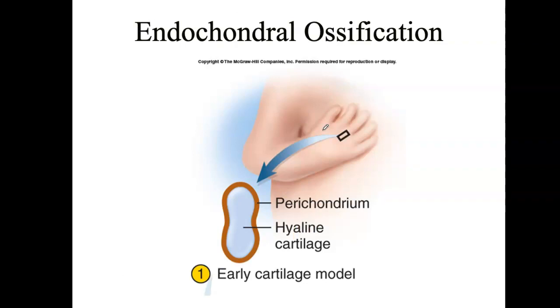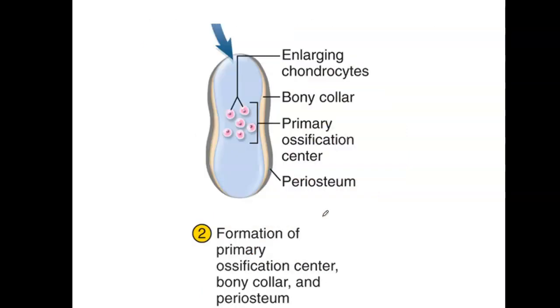If you could do that and break it down into stages, what you'd first see is, like, just take this region of the finger, for example, and what you would first see is this whole region of a tissue that's hyaline cartilage, like the one that you look at in lab, that I'm having you look at. And around it is this layer called the perichondrium, around the cartilage. And that's all you see. So what's not a bone at all is just a big long piece of cartilage.